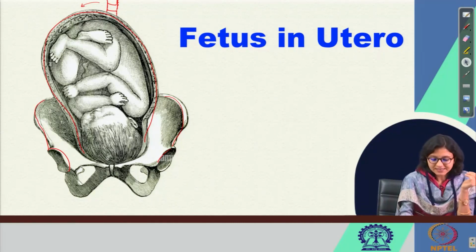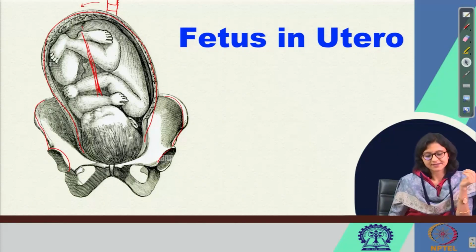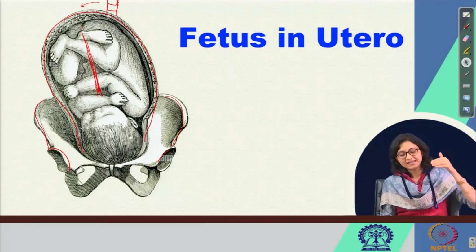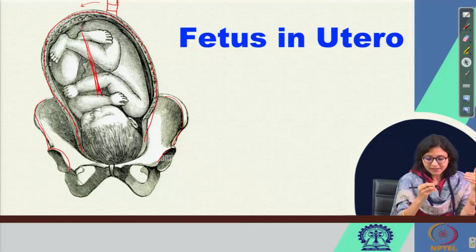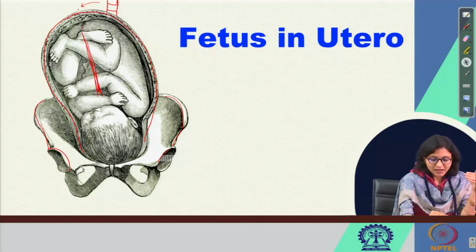But the fetal spine, I am drawing a line parallel to the fetal spine. That is the fetal back and the spine is going like this. The fetal spine is parallel to the longitudinal axis of the maternal uterus.